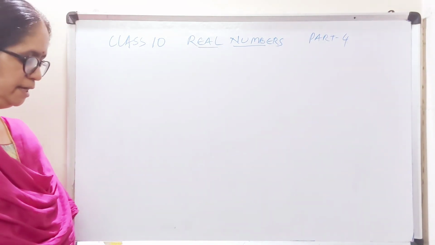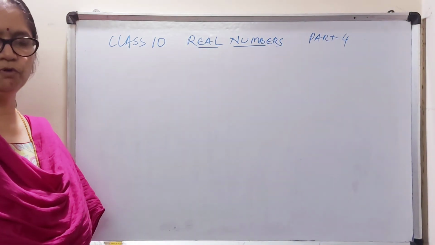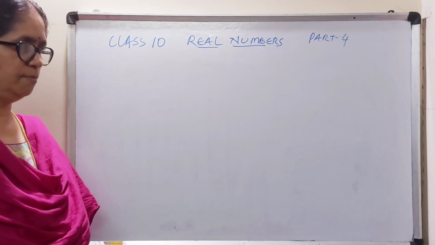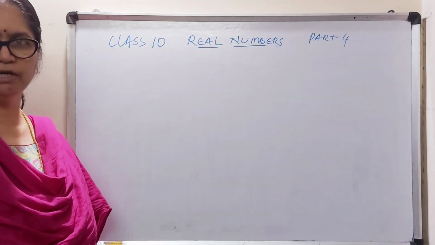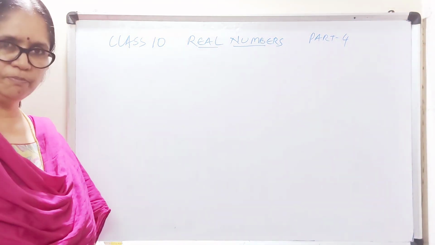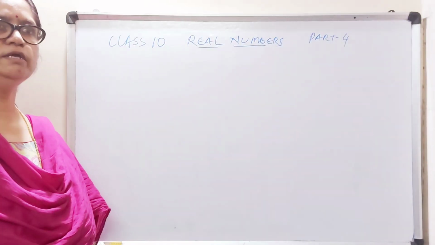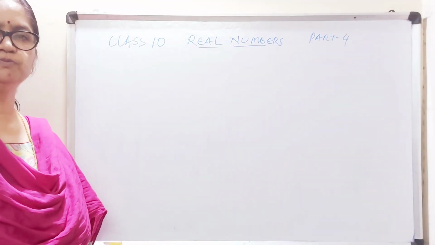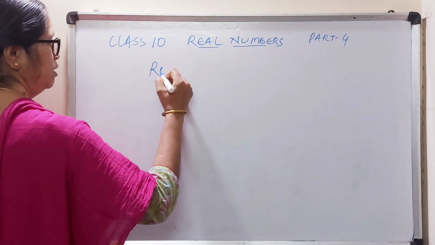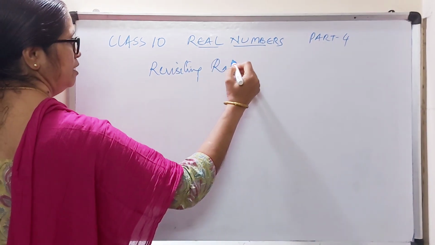Here we are going to learn about decimal expansions of rational numbers. Rational numbers are of two types, terminating and non-terminating repeating. Especially here, a rational number is expressed in the form of p by q. Revisiting rational numbers, here we are going to learn decimal expansions.